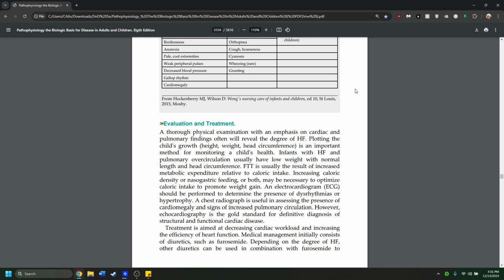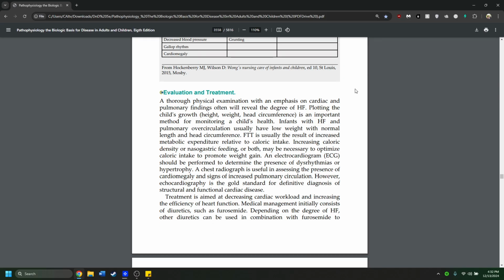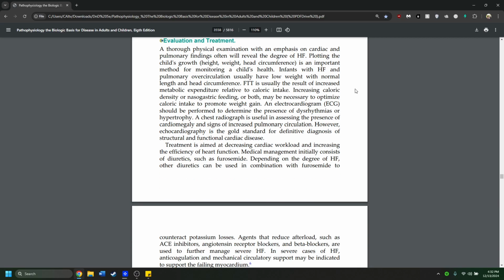An EKG should be performed to determine the presence of dysrhythmias or hypertrophy. A chest radiograph is useful in assessing the presence of cardiomegaly and signs of increased pulmonary circulation. However, echocardiography is the gold standard for definitive diagnosis of structural and functional cardiac disease.